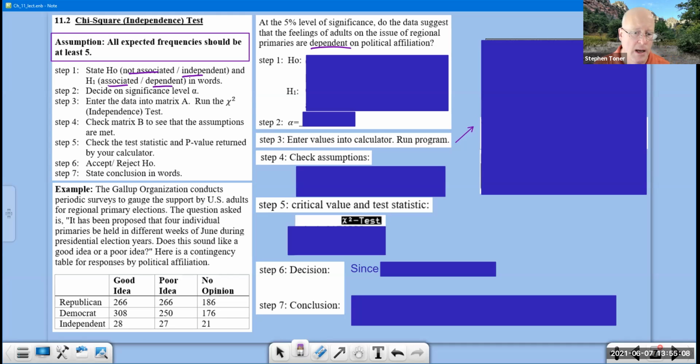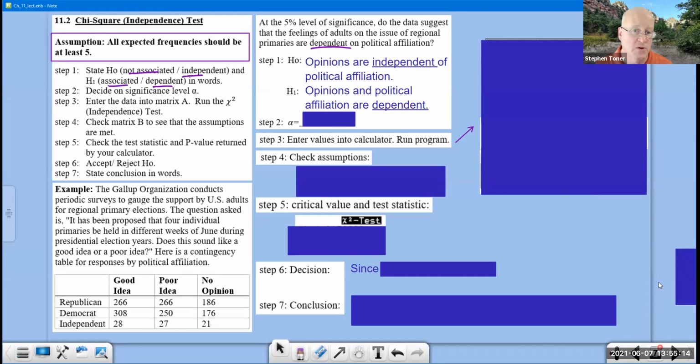And so my alternate hypothesis this time is going to be, well, first off, opinions are independent of political affiliation will be the null, and opinions and political affiliation are dependent on each other in the alternate hypothesis, using those same words that you see just there to the left. Now our significance level is going to be the 5% that it says right up there in the paragraph.